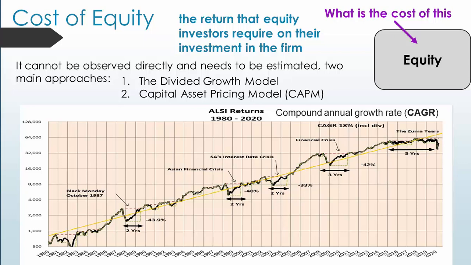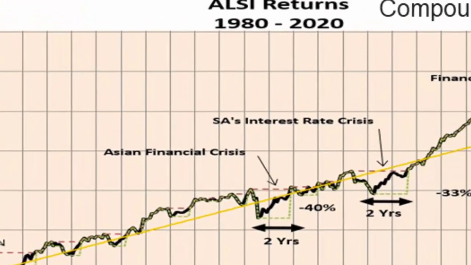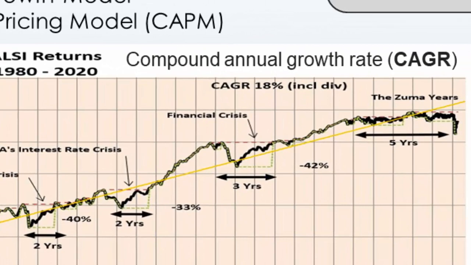But there have been financial crises before where we've had similar drops of 40+%. As you can see, in '89 there was Black Monday, and there was the Asian crisis in the year 2000. We had our own little South African interest rate crisis. In 2008, the financial crisis. And then we had the stagnation years for about 5 years, and unfortunately leading into another drop.